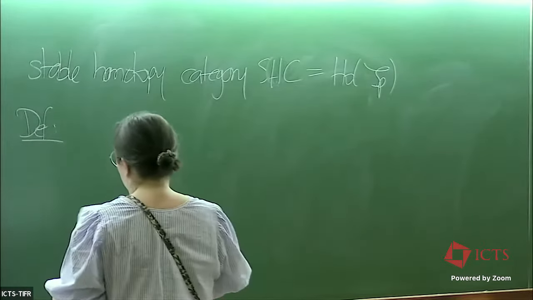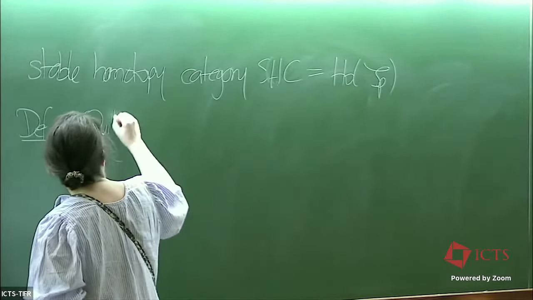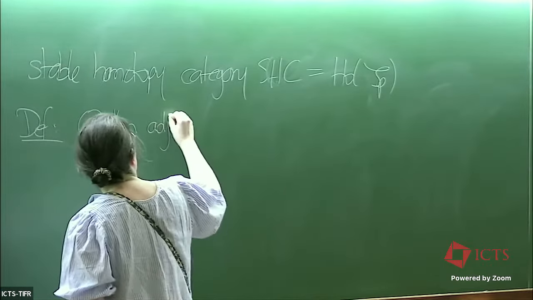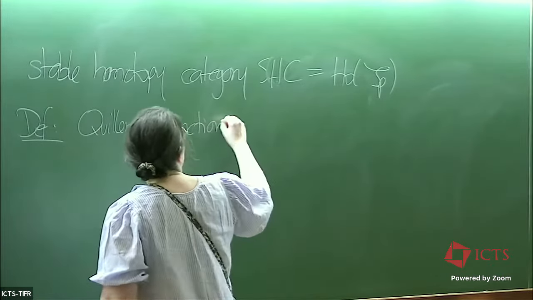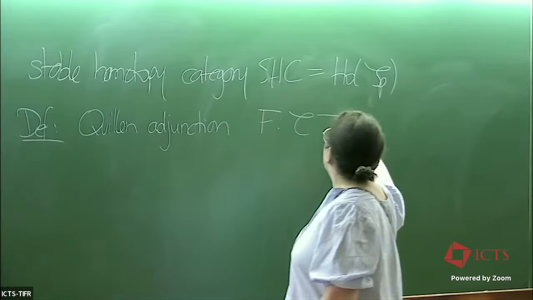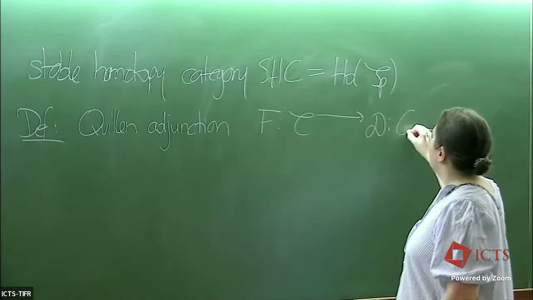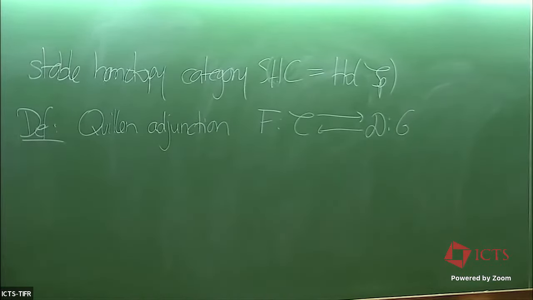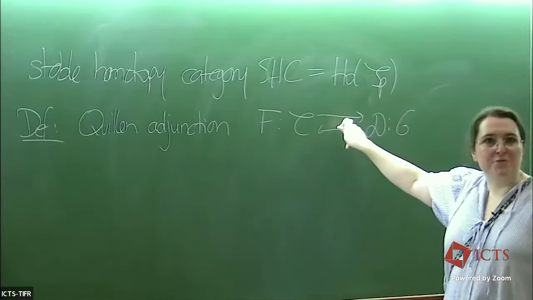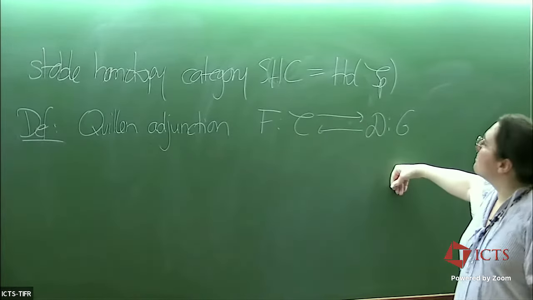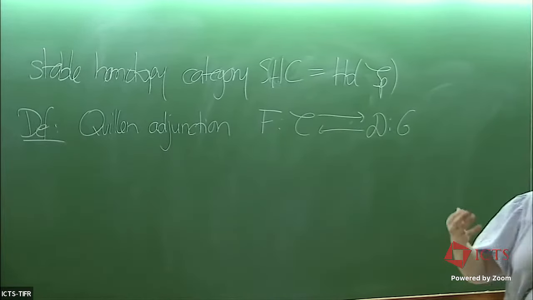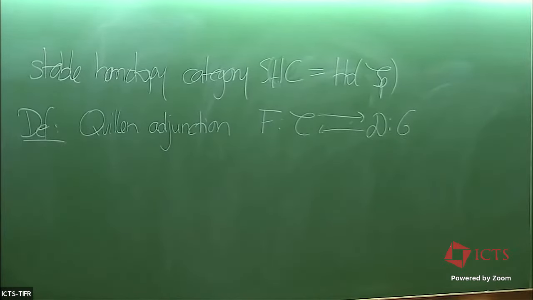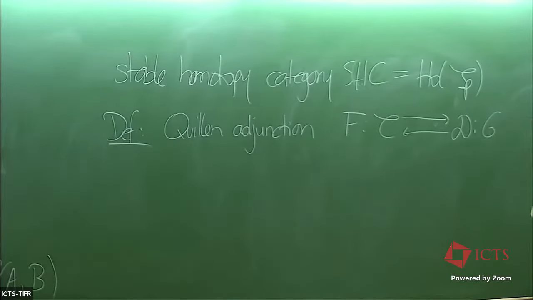So if you have two model categories, then you have to relate them with functors that respect what makes a model category, right? By the way, I will always write left adjoints on top. And you might think, okay, so something that respects the model structure surely is something that preserves all the three things, but that's far too much.